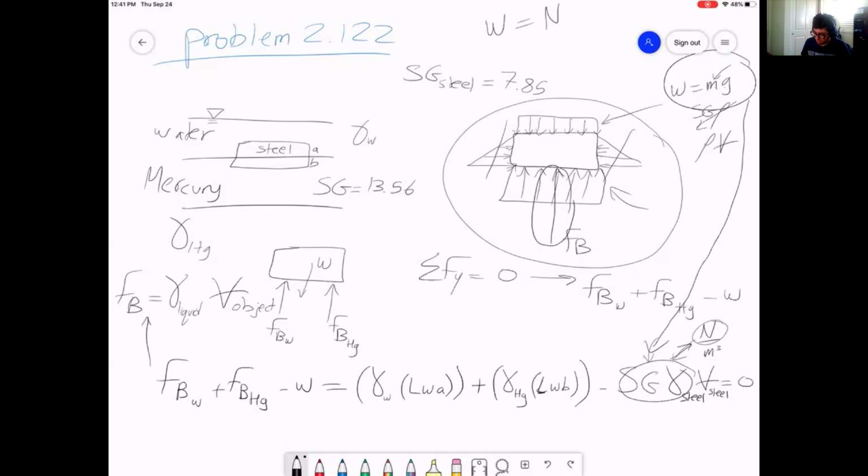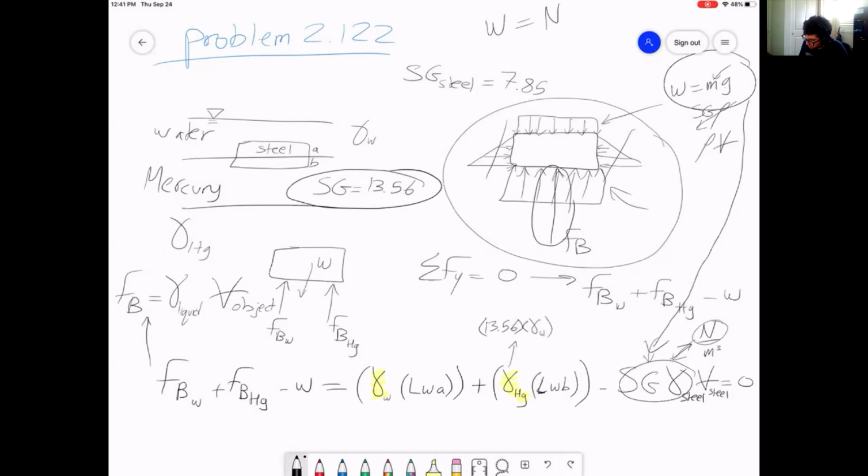Okay, great. I think we have everything, if we can label stuff. Gamma of water is known, it's a constant value. And the gamma of Hg, is it given? It's just 13.56 times water. That's the specific gravity of mercury times gamma water, and you'll end up with gamma mercury.